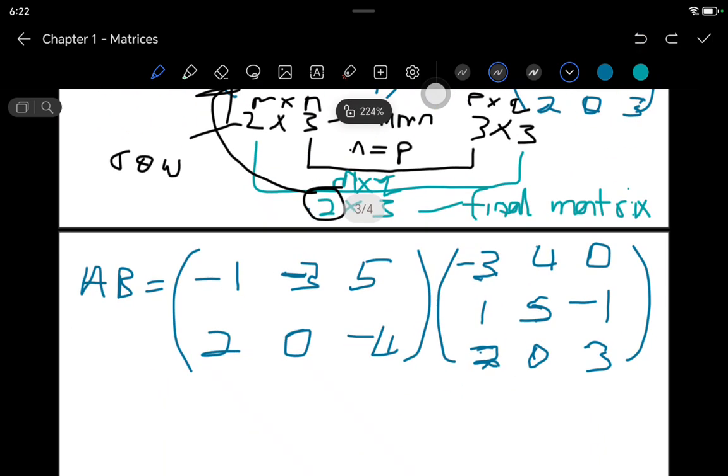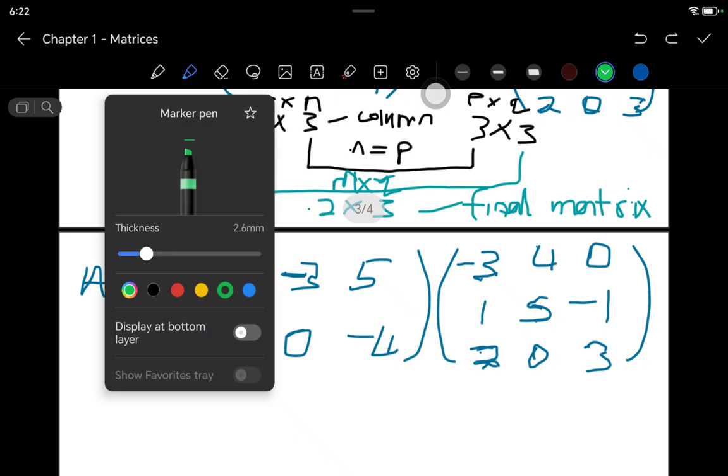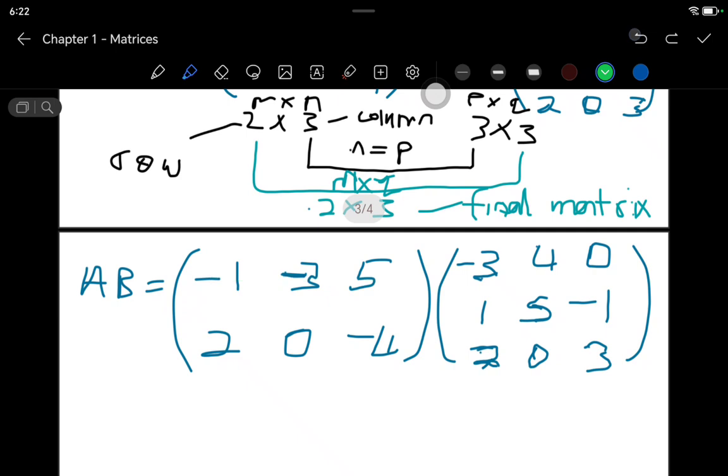So let me just do this. I'll use a highlighter so that I don't mess things up. Let me not make it too thick, yeah, like this. I think it's fine like this. So here we're only going to focus on the row.